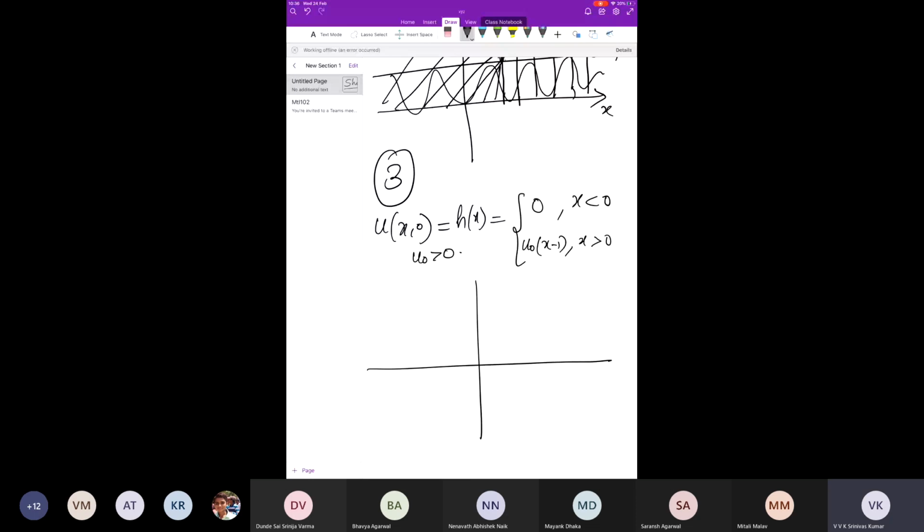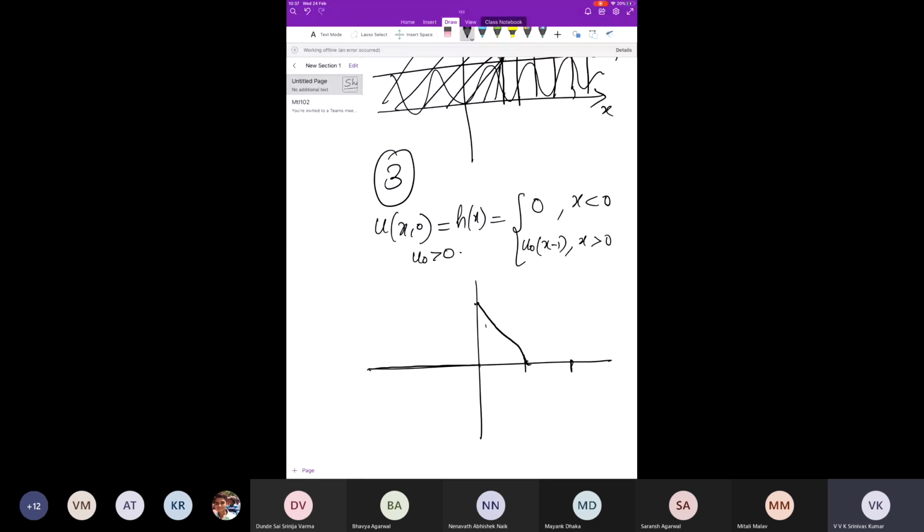Suddenly there is a jump here. At x equal to 1, it is becoming 0, and at x equal to 2, it is becoming some positive u naught again.